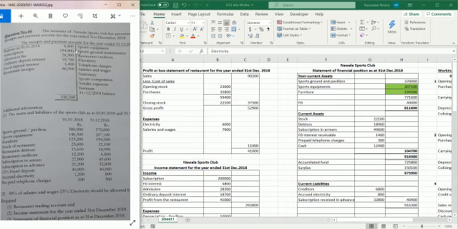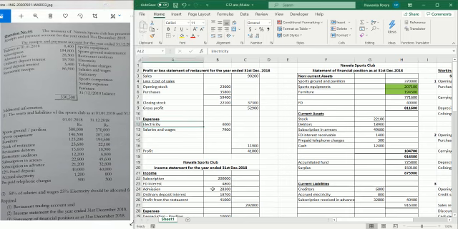And then subscription, you have already ticked it. Admission fees 28,300 has to be taken to your income statement. Here I have taken it.